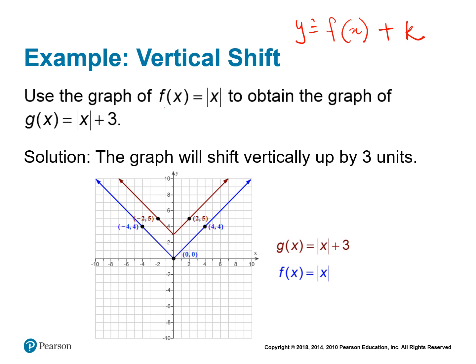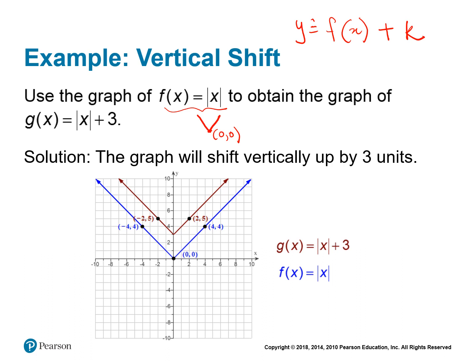The original function is absolute value of x. We know that it has a V-shaped graph which has its vertex at 0, 0. That's the graph of the basic absolute value function.